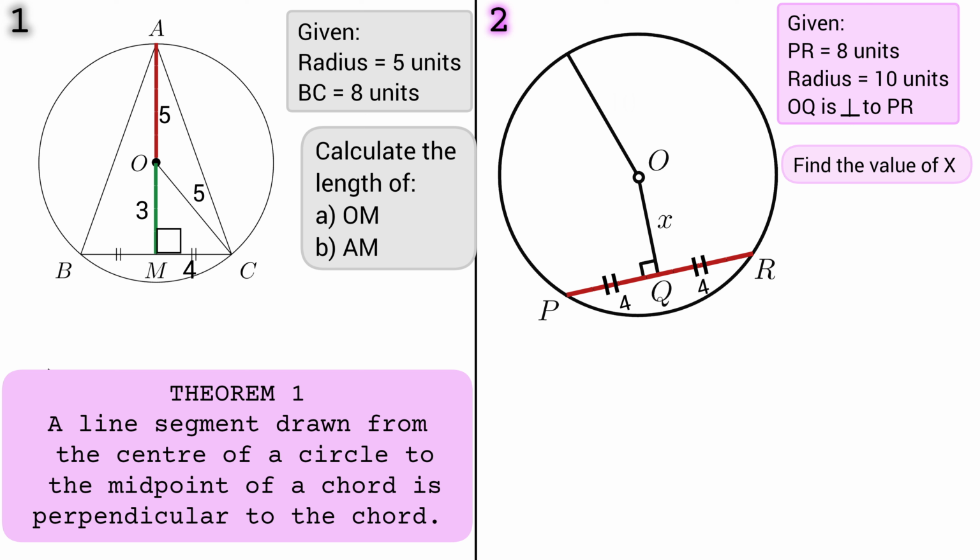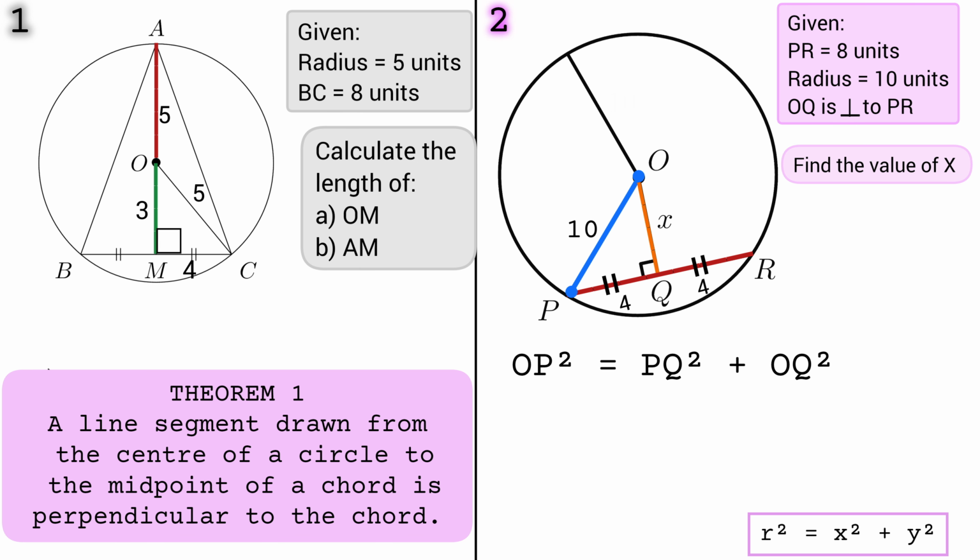A radius is a line from the center to any point on the circumference of the circle. The point O is at the center, and the point P is on the circumference of the circle. Therefore, OP is a radius and it has a length of 10 units. We can now use the Pythagoras theorem to find the value of X using this right-angled triangle.